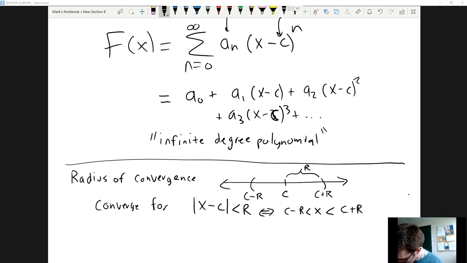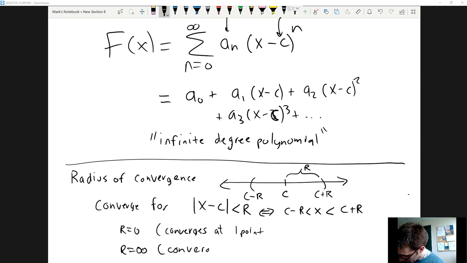And so you can have r equals 0, where it only converges at one point. You can also have r be infinite, which would be where it converges everywhere.